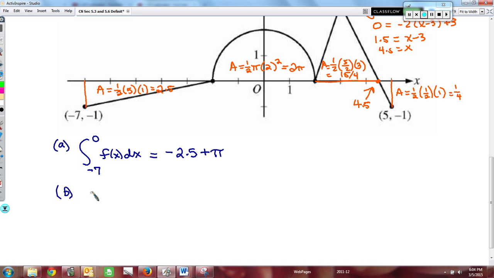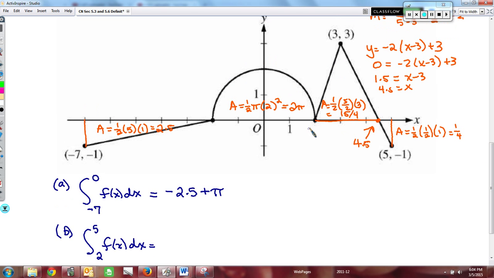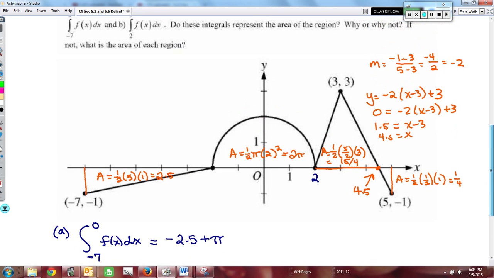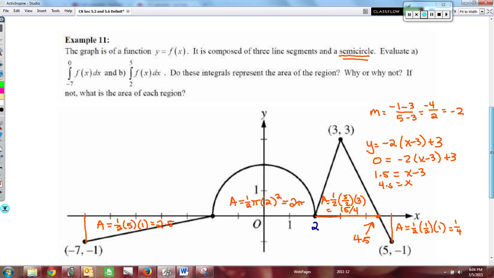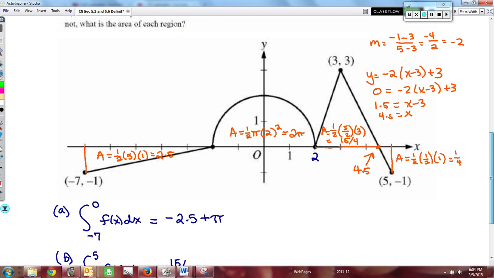So for b, the integral from 2 to 5 of f of x dx is between, here's my 2 to 5. Well, that's exactly this area of the triangle. So it's going to be the 15/4. And then the last question that they're asking me is, do these integrals represent the area?